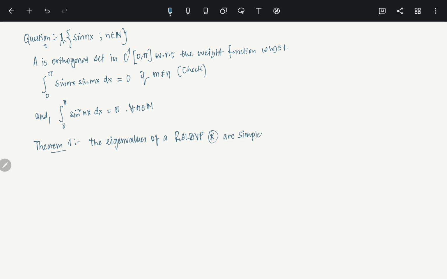What does it mean? Let's just understand what it means. It means that if lambda is an eigenvalue, and phi1 of x and phi2 of x are the corresponding eigenfunctions.